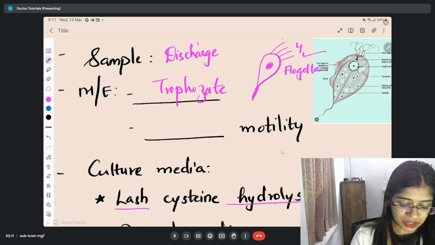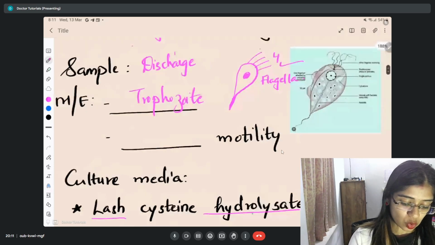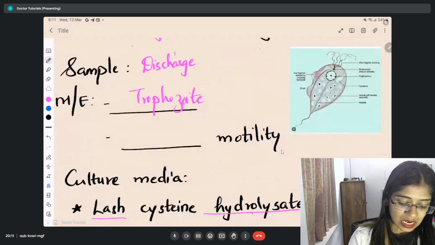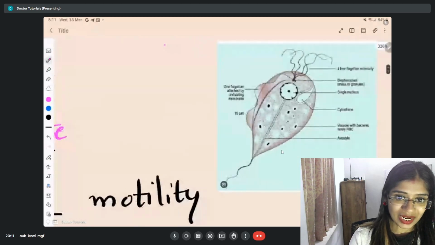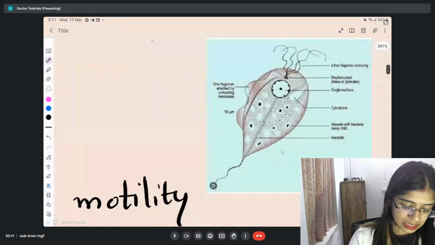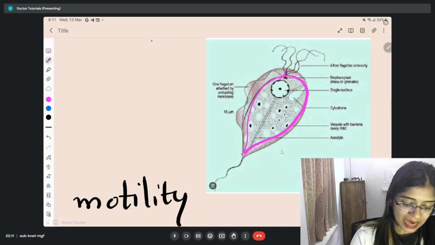So see, this is a picture of how it looks under the microscope. This is how Trichomonas vaginalis will look. You can see the 4 anterior flagella and 1 posterior flagellum, and there is a nucleus in the center.